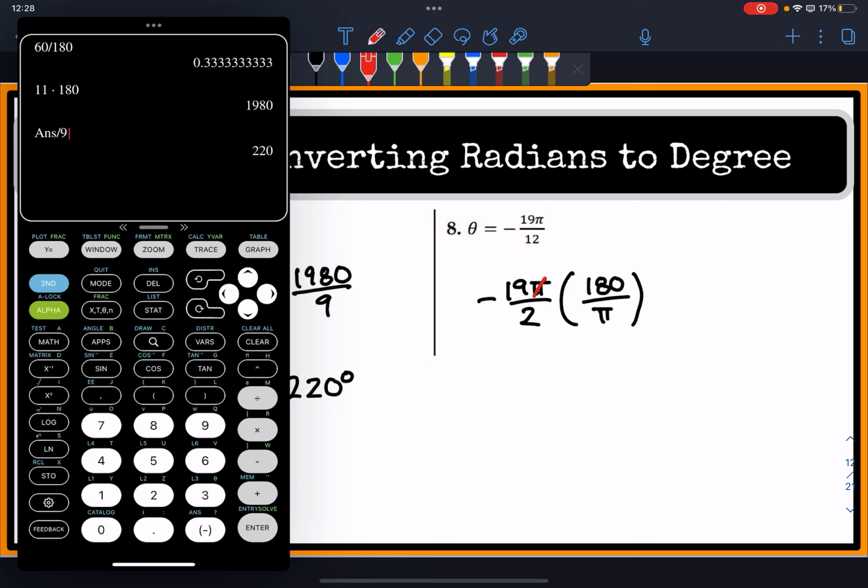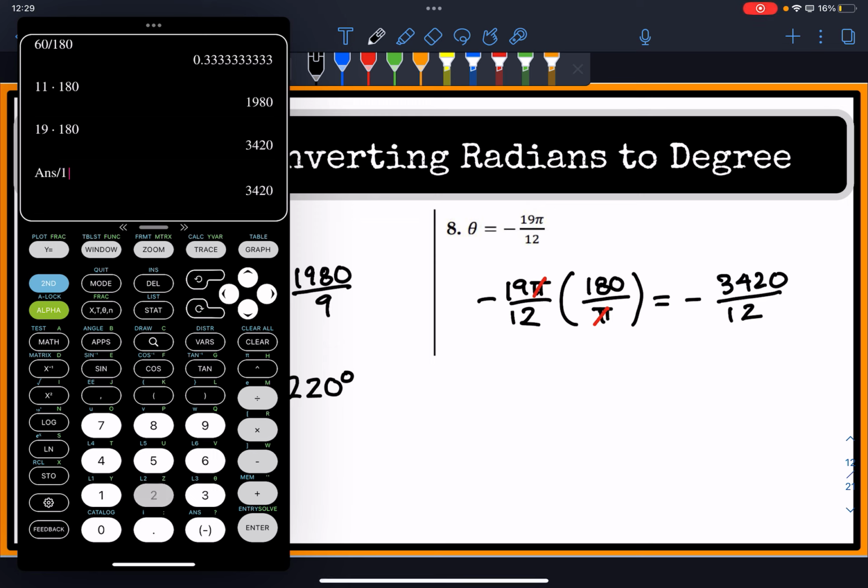So here, the pi's are going to cancel each other out, and we end up with a negative number, of course, and 19 times 180, that's 3420. That's divisible by 12. We're going to divide that answer by 12 and we end up with negative 285 degrees.